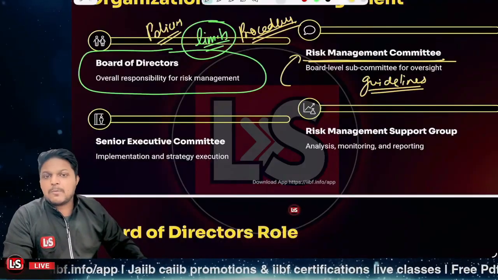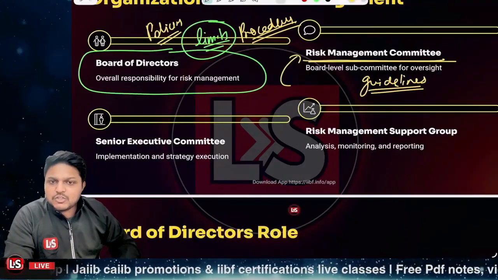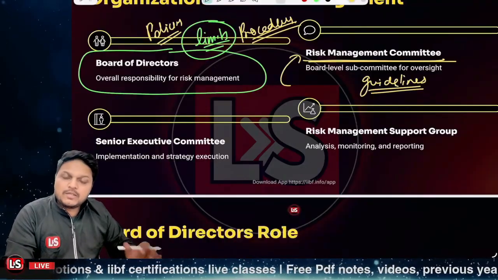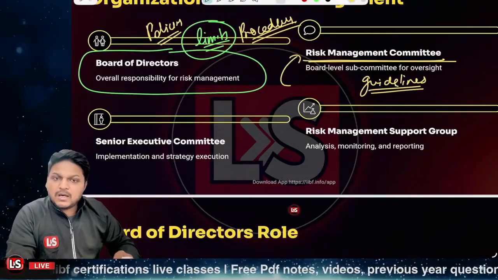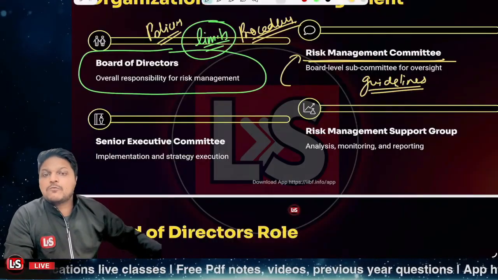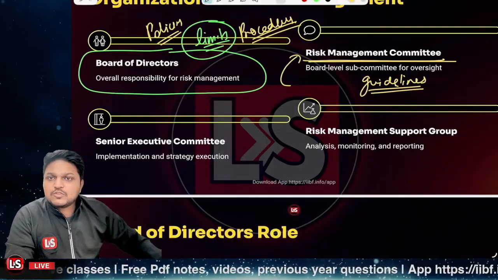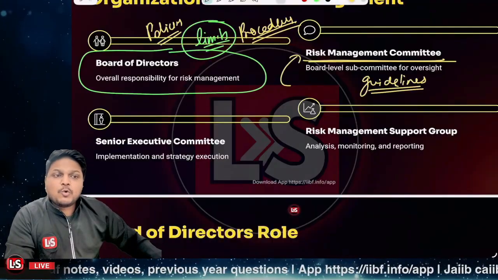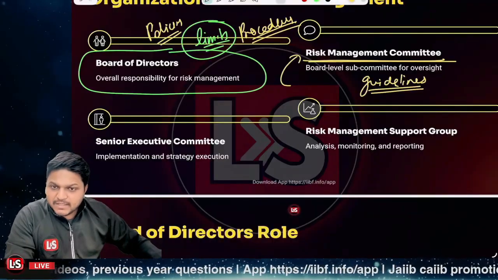The committee is to ensure that the policy is being conformed with, not only on paper, and that we are actually following that particular policy. That's the job of the risk management committee, which is a board level subcommittee, right?